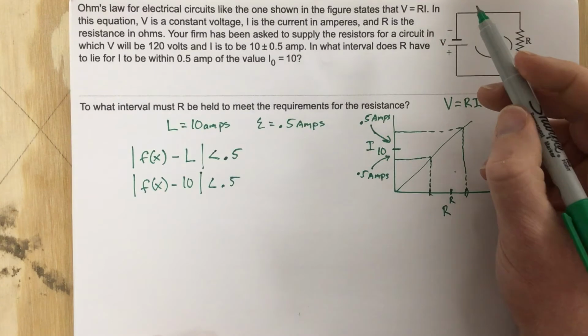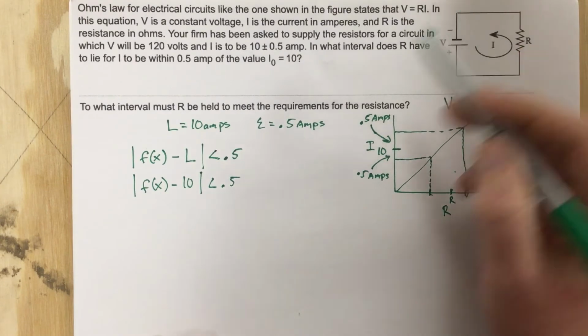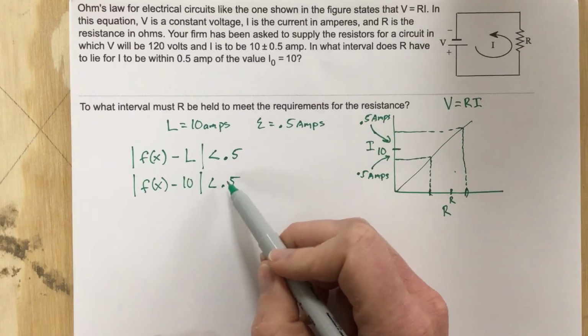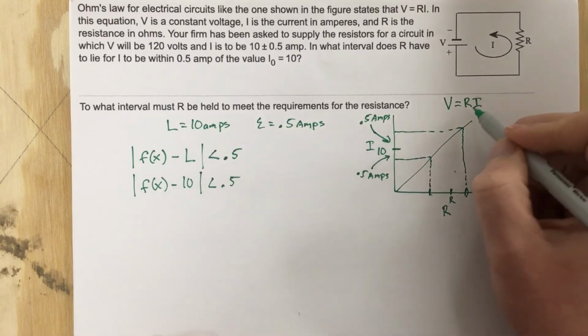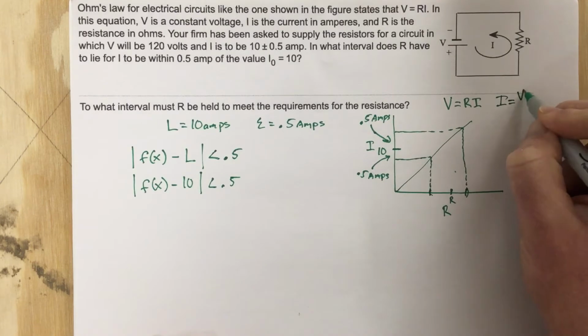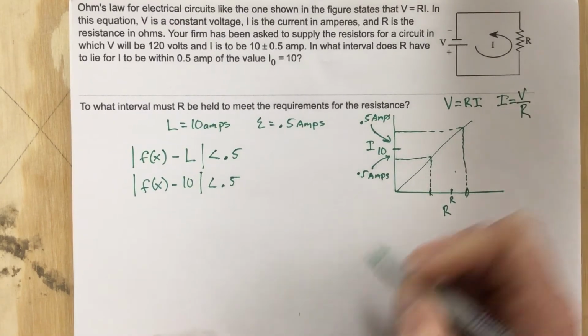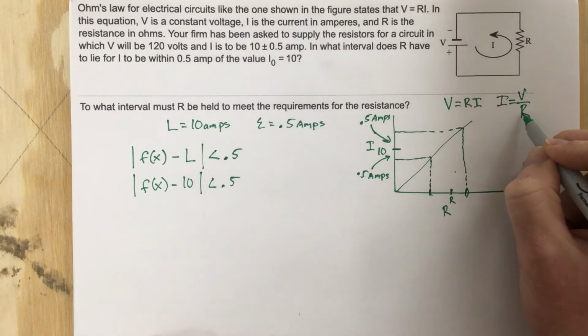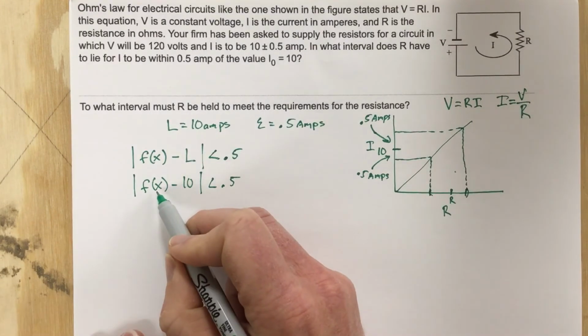We want it in terms of I, because we're dealing with amps. If we rearrange this equation so it's I equals V over R, we can plug this V over R in for f of x.